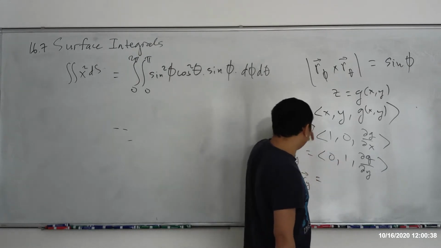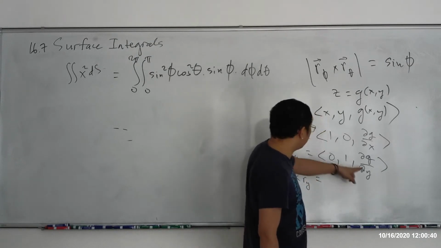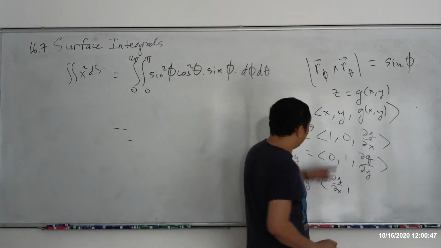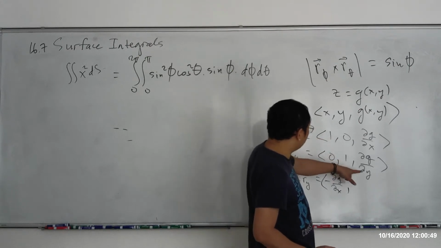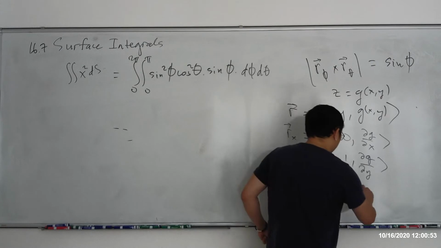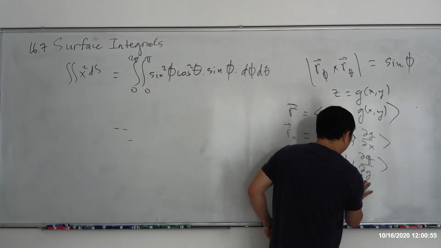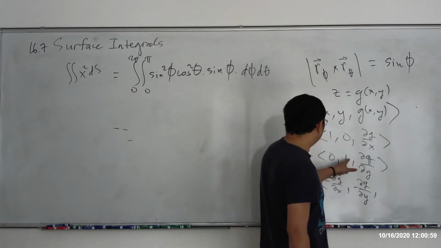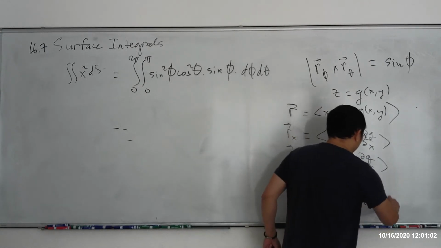So for the i term, it's going to be 0 right here, minus dg over dx, comma, and then for the j term, what is it? dg over dy times 1 with a negative, so negative dg over dy. Dz and dg are the same. And then for the last term, 1 minus 0 is 1.